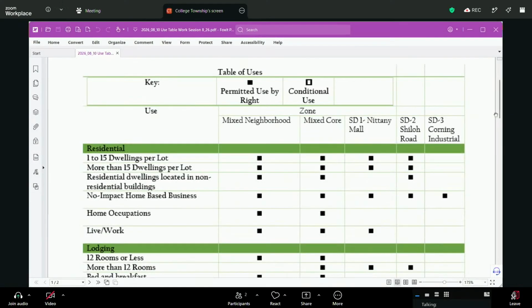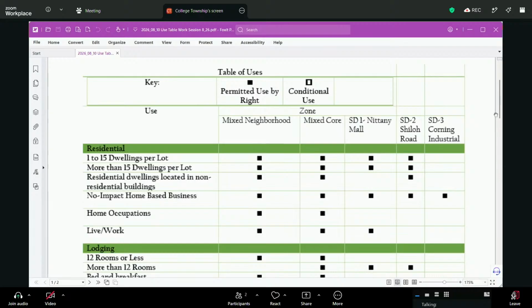Let's go section by section, if that works. So starting with residential. Again, you'll see in the special districts, in Corning Industrial particularly, that residential was not a focus for that area, given the emphasis on heavy industrial that you'll see later.